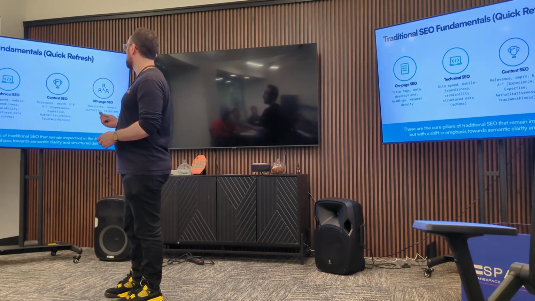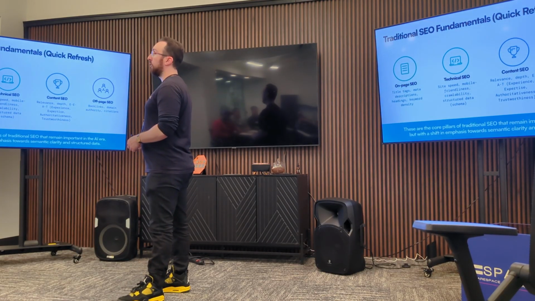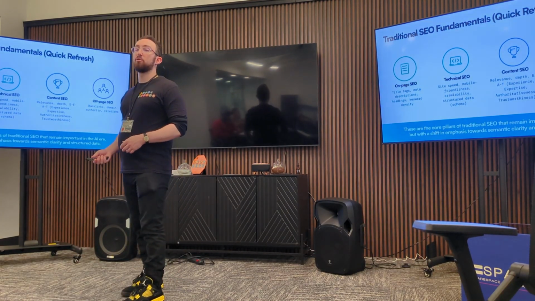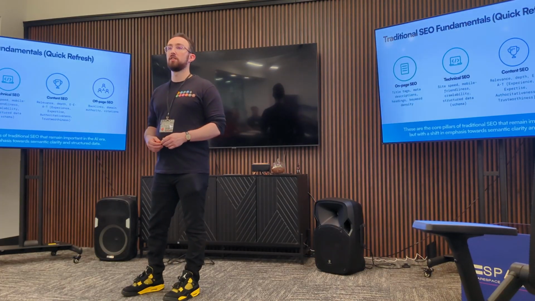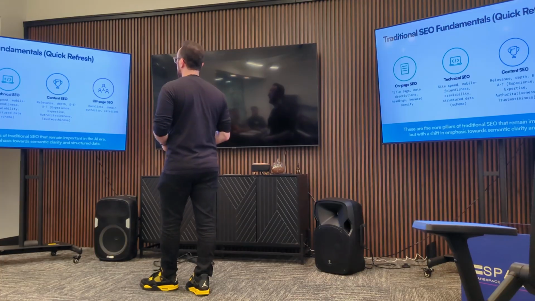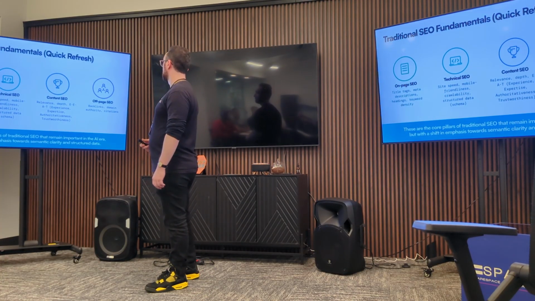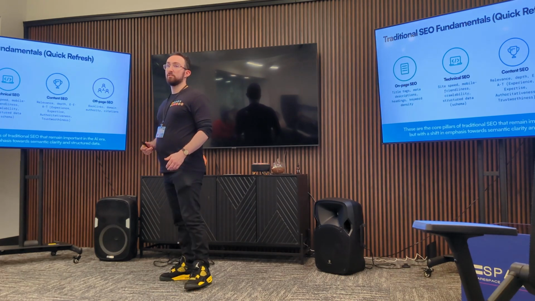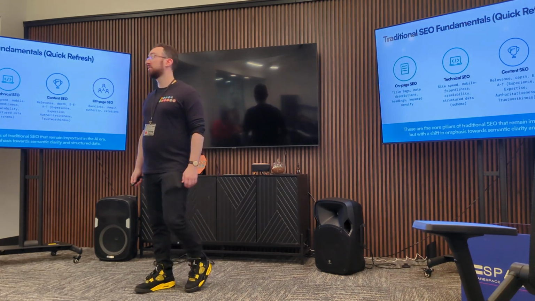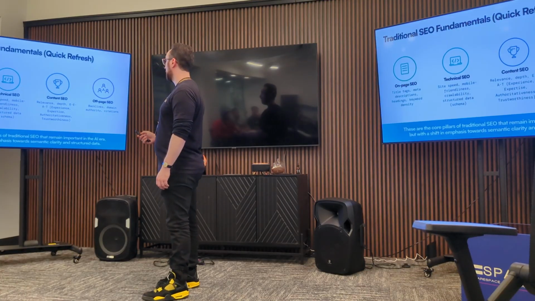This is a bit harder to do, but we'll get into that in a second. And also making the content more relevant to what the user is searching for. And then backlinks, like I explained, other websites linking to you, and just having it be more popular. These last two are a bit harder to do, but this is how traditional SEO would work.